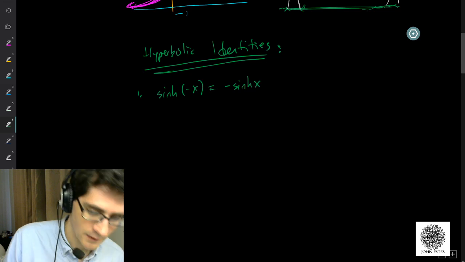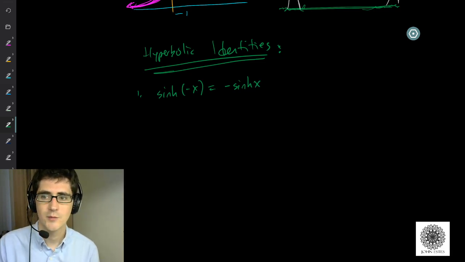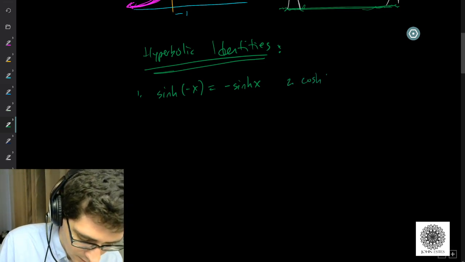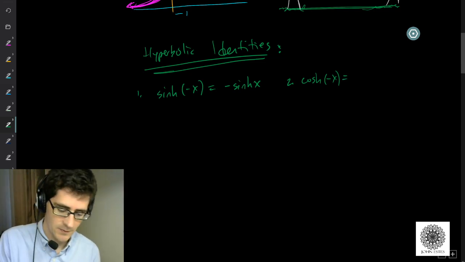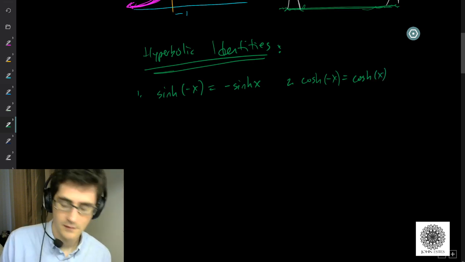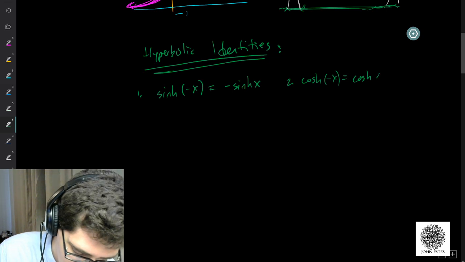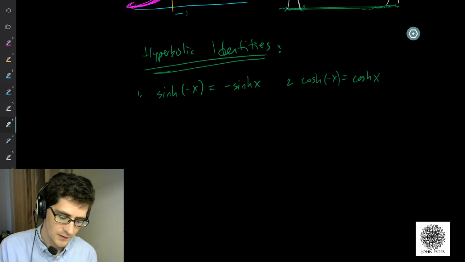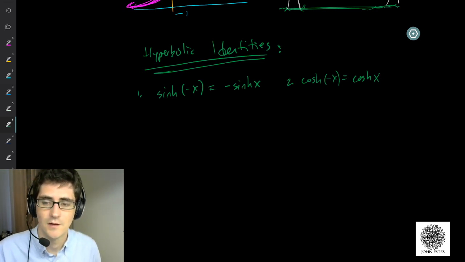And that's exactly how sine works as well. We call this odd. Sinh and sine are both odd functions. On the other side, cosh and cosine are both even. So if I plug in negative x, I just get the same thing as cosh x. And if we just have cosh x, we don't need the parentheses there. So that's how sinh and cosh are odd and even respectively.